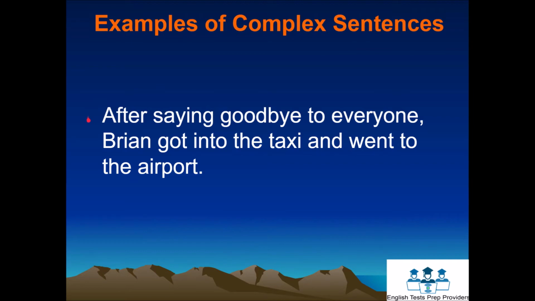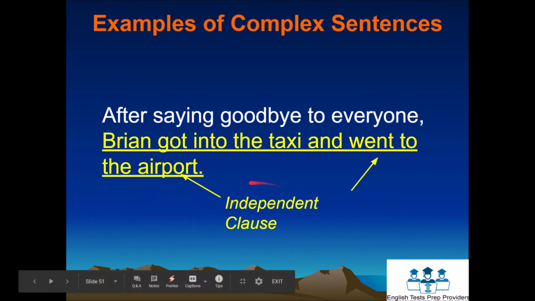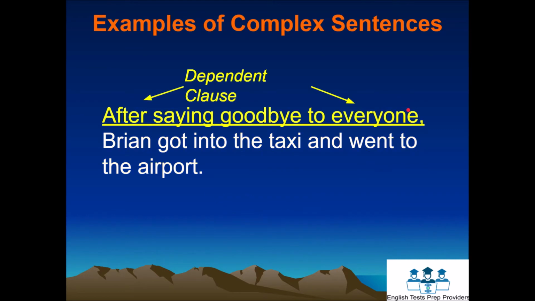Okay, let's try to dissect this complex sentence. Brian got into the taxi and went to the airport is our independent clause. So it means this sentence can stand alone. How about after saying goodbye to everyone? Yes, definitely this is our dependent clause.